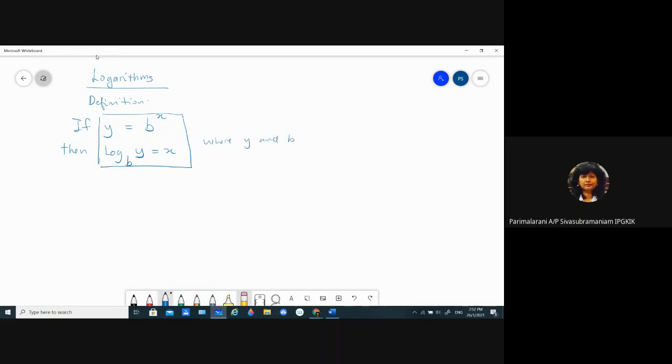Where y and b are elements of R plus. So if given that y is b to the power of x, then we can rewrite, take log, so log y base b is equal to x.